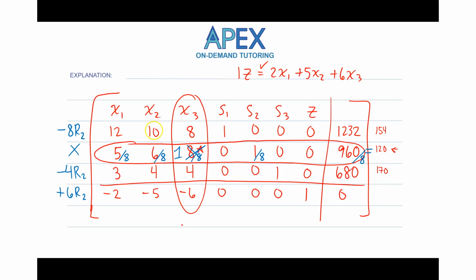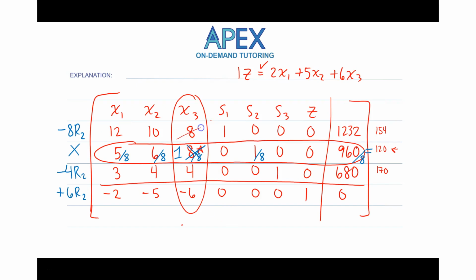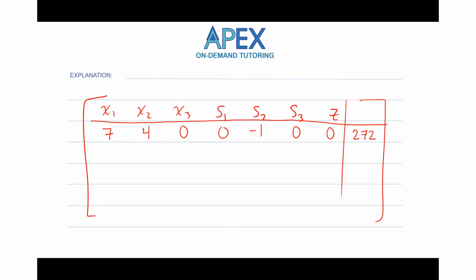For the next one, we did 10 minus 8 times 6/8, so that's -6, which gets us 4. The whole key was to get that 8 out of there, which we did, and the rest of the row follows. The second row was our pivot, so we just rewrite that as is. And I can rewrite the 6/8 as a 3/4 now.